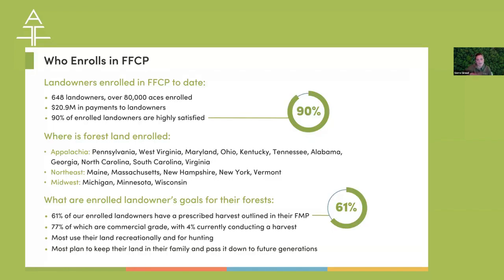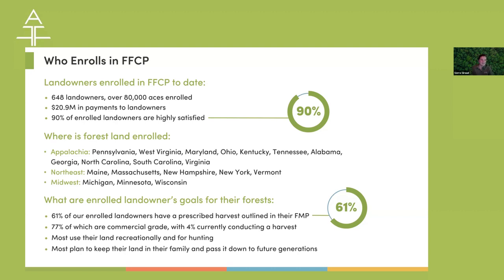First off, I'll talk a little bit about where we currently are in FFCP. Nationally, our Family Forest Carbon Program has been around since 2020. Since the start, we have enrolled over 80,000 acres, roughly 650 landowners. For the Northeast, we started as a pilot program in Vermont in 2022.